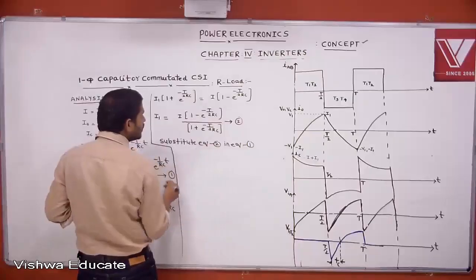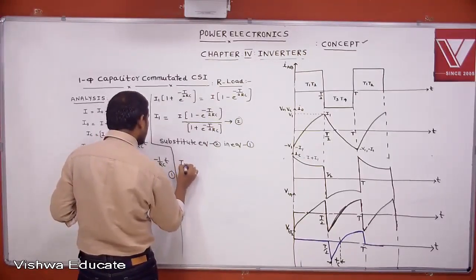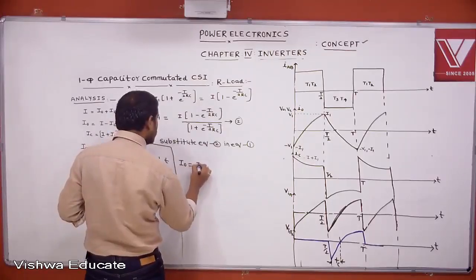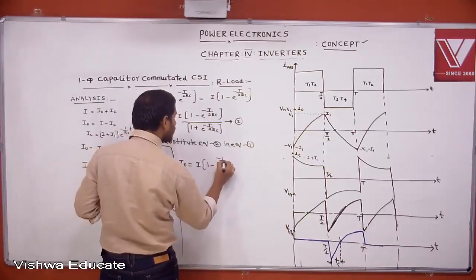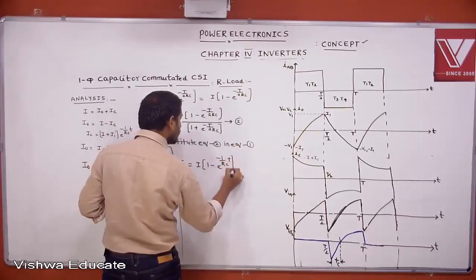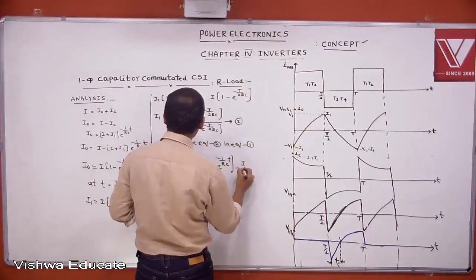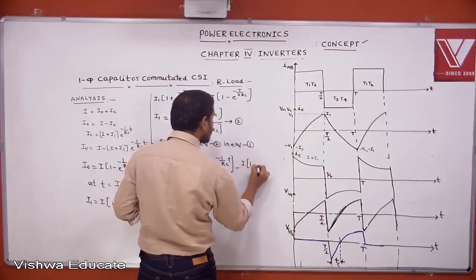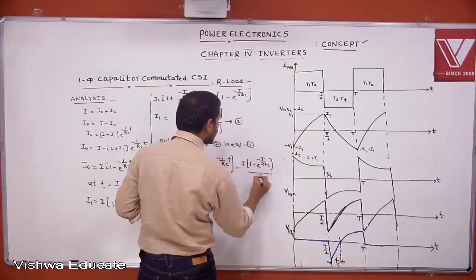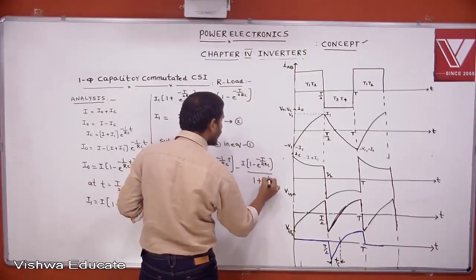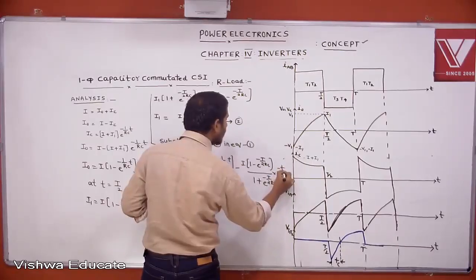Then substituting in equation 1, what is I naught equal to? I naught equal to I into 1 minus e power minus 1 by RC into T, minus I1, which is I into 1 minus e power minus T by 2 RC by 1 plus e power minus T by 2 RC, into e power minus T by RC.